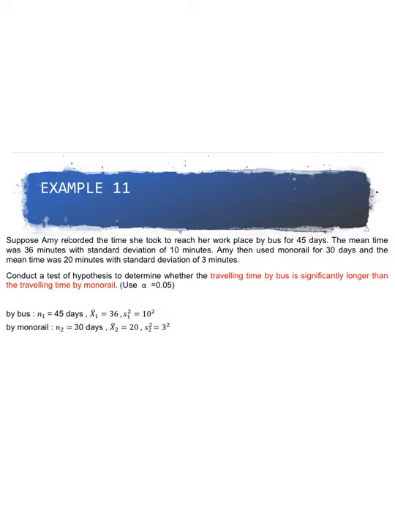Conduct a test of hypothesis to determine whether the travelling time by bus is significantly longer than travelling time by monorail. Okay, so ni kita nak test bus longer than monorail in terms of time. Time taken by bus is greater than time taken using monorail.